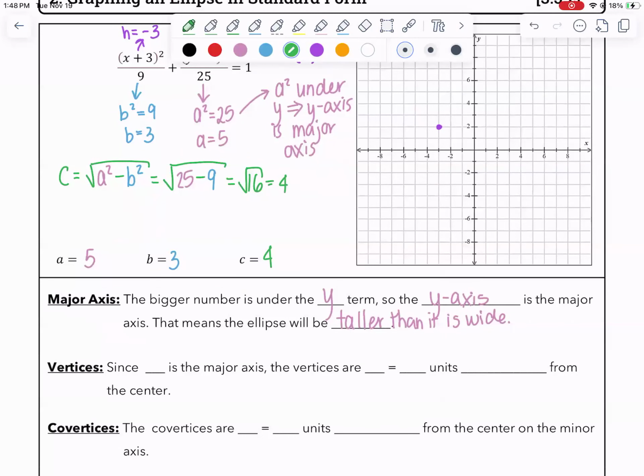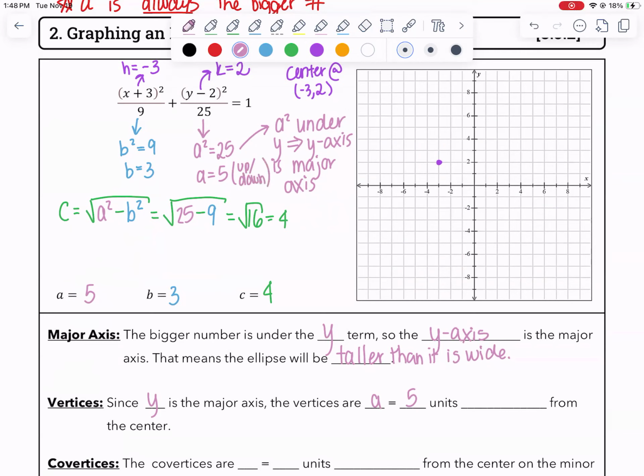So the first thing is either vertices or co-vertices, doesn't matter which. I'm going to do vertices first. Since y is the major axis, the vertices are going to be a equals 5 units. If it's y, that's going to be up or down. So I'm going to make a note here, up slash down from the center, because y is the major axis.